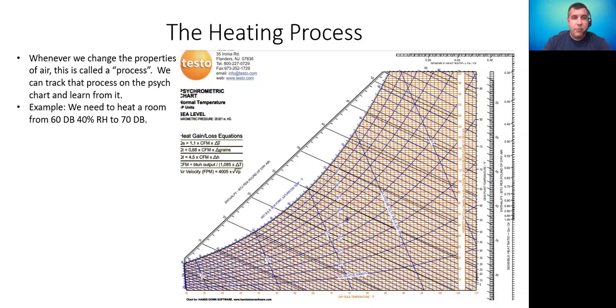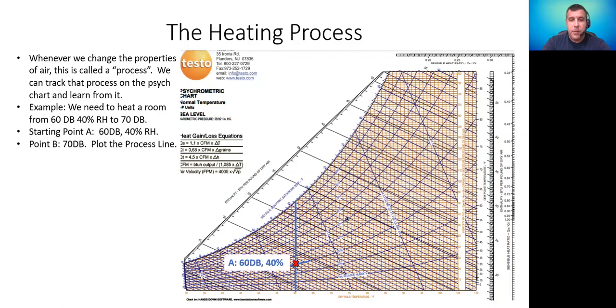We need to heat a room from 60-degree dry bulb, 40% relative humidity, to 70 degrees dry bulb temperature. So our starting point A is 60 dry bulb, 40 RH. Here's our 60-degree line, and here's our 40 RH curve. So here's starting point A. Now we need to heat that to 70 degrees dry bulb temperature.